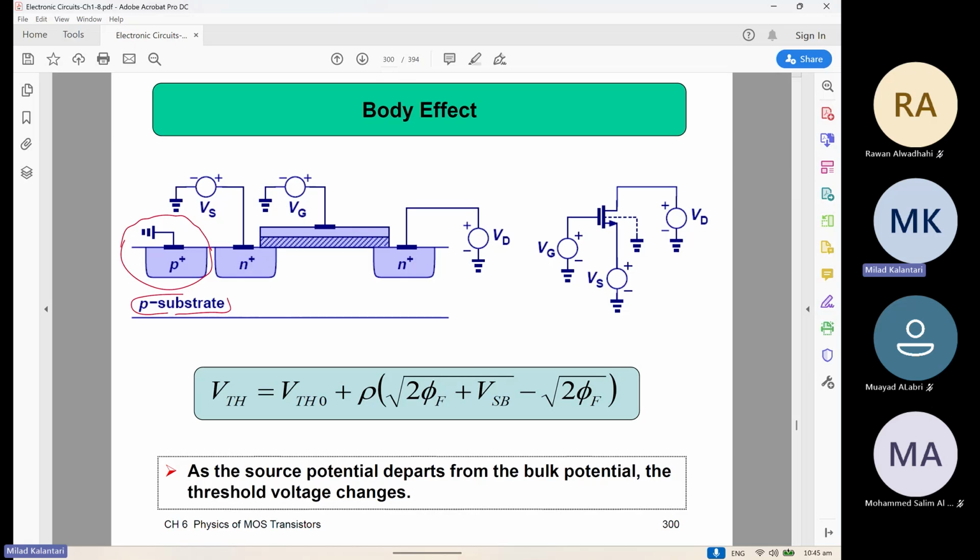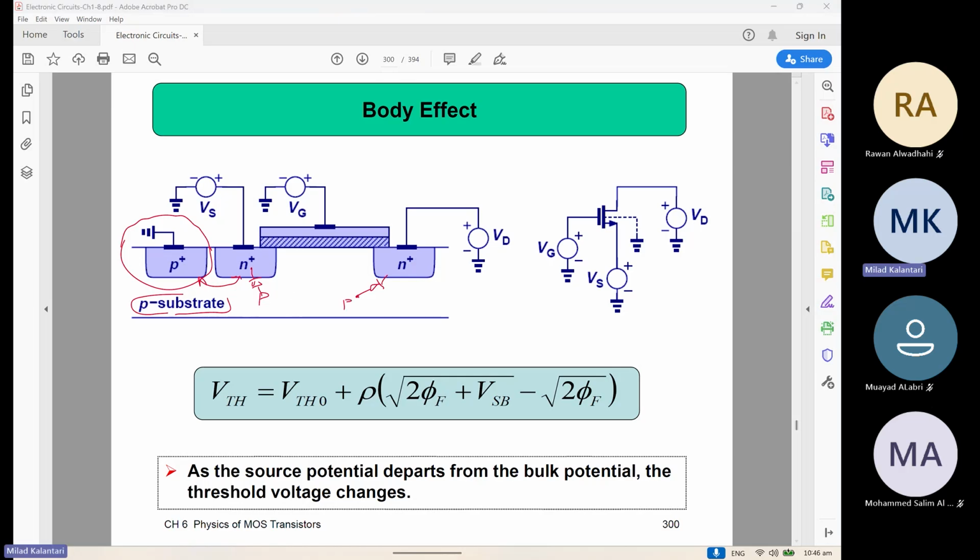In order for this device to work, we always need these PN junctions to be reverse biased. The substrate is P, and the junction of the channel is N. There is a diode here to the channel, and this diode always has to be reverse biased because here is P, right?